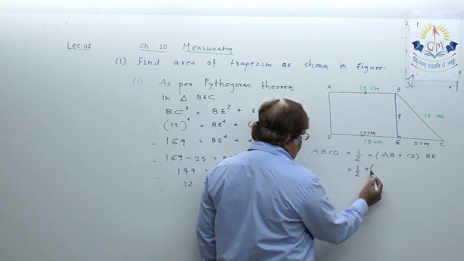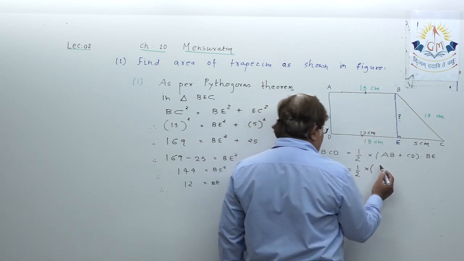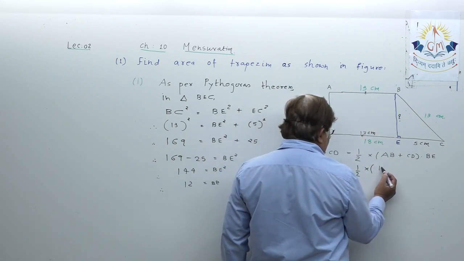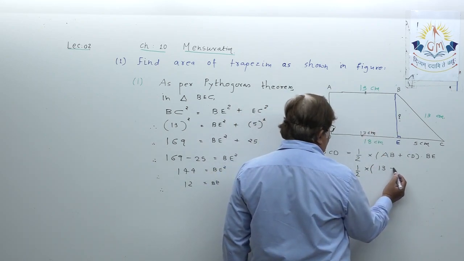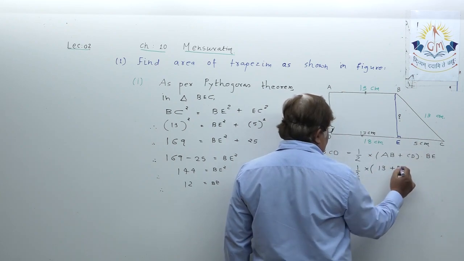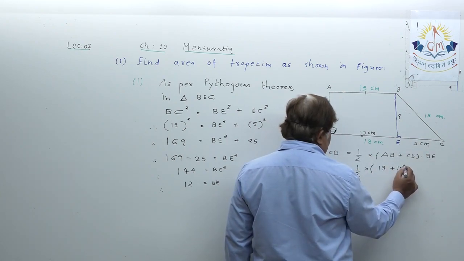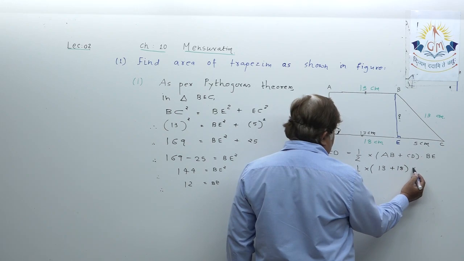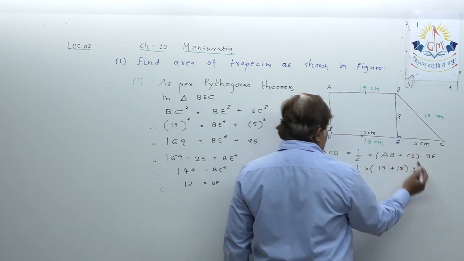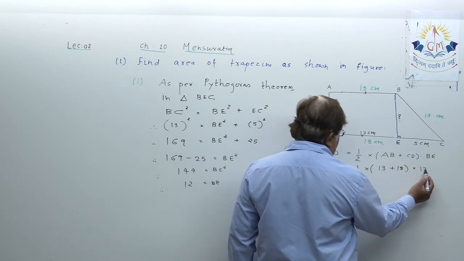Half multiplied by AB, which is given 13, CD 18, multiplied by BE, which you found out, 12.